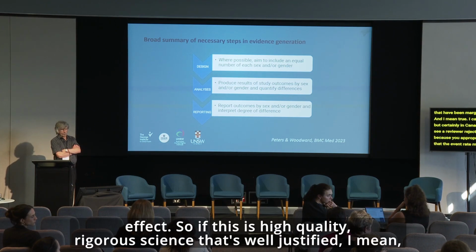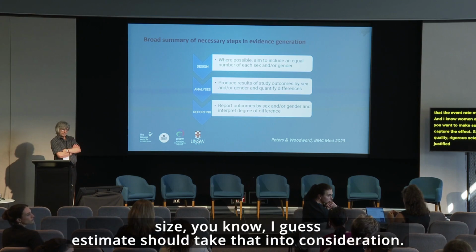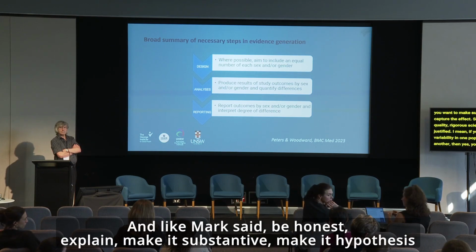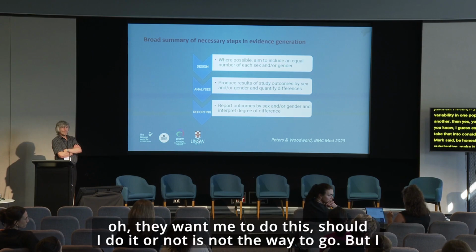If this is high quality, rigorous science that's well justified, and you have more variability in one population than another, then your sample size estimates should take that into consideration. And like Mark said, be honest, explain, make it substantive, make it hypothesis driven, explain why you're doing it. Getting away from just the rote "they want me to do this, should I do it or not" is not the way to go.